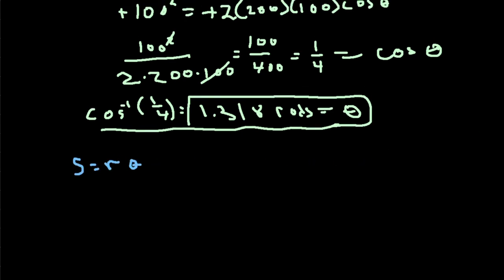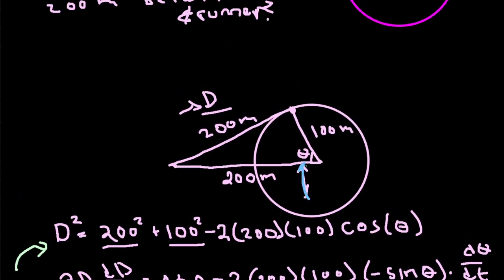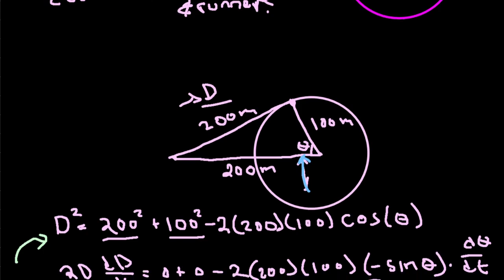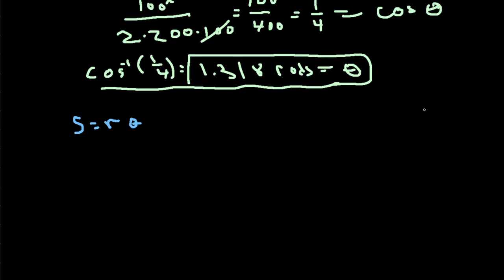And luckily enough, using this equation, s equals r theta, it matches with the theta that we're using right here. So we're okay with the variables there. What I'm going to want to do is take a time derivative of this. We're going to get ds dt is equal to r d theta dt.